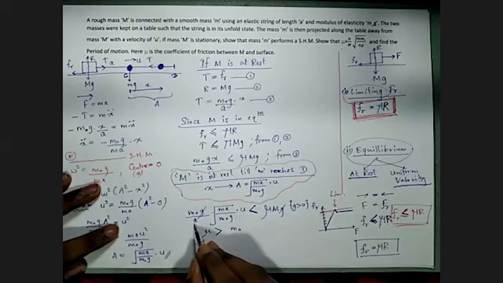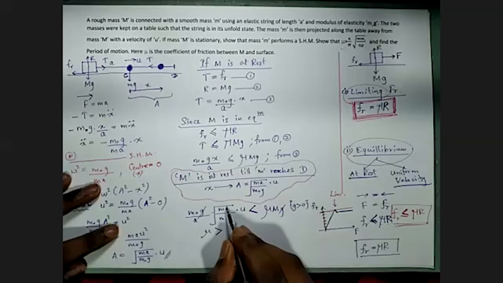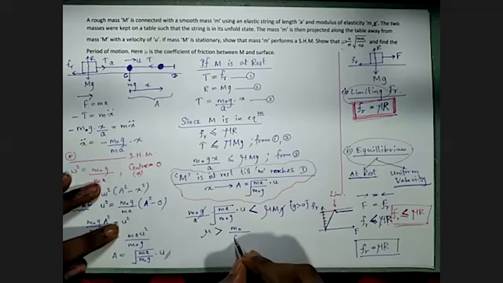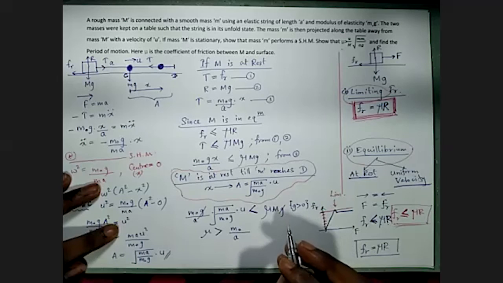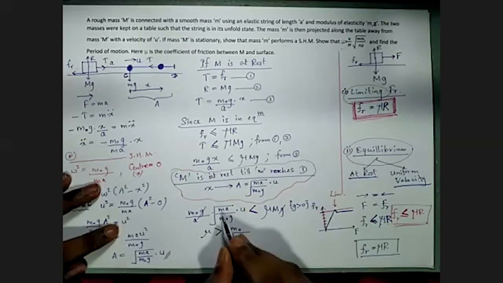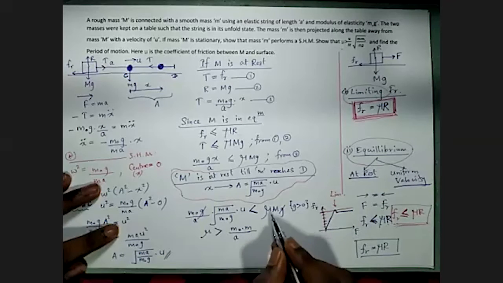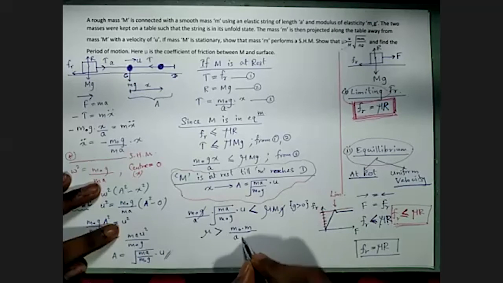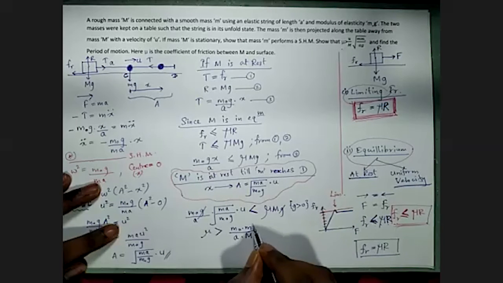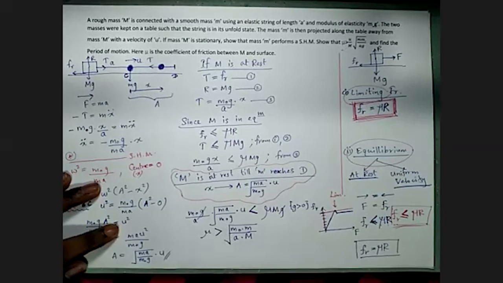Then one square root a gets cancelled with this square root a. Here we have square root a. Then here we have small m, it is not cancelled. Then here we have capital M, it goes to the denominator.